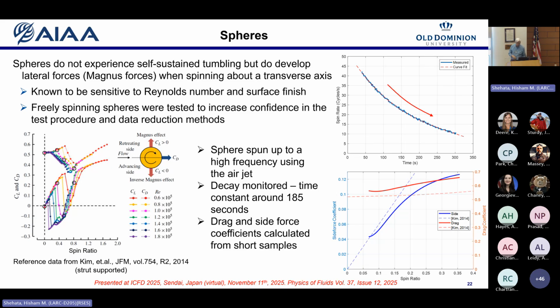There's a graph on the left from another reference for a strut-supported sphere spinning at different rates in different low-speed flows. It shows the classical positive Magnus effect and also the inverse Magnus effect. That's not a recent discovery, but relatively recent, depending on the precise conditions, Reynolds numbers, and so on.